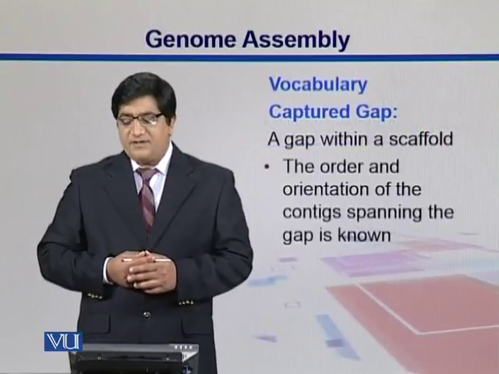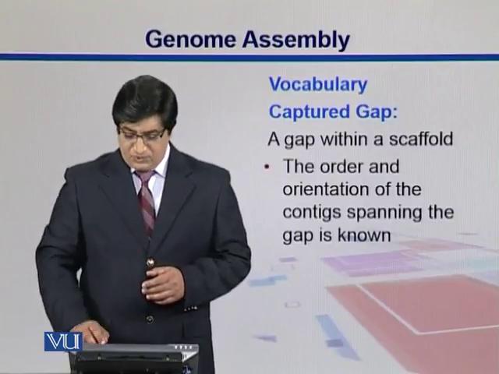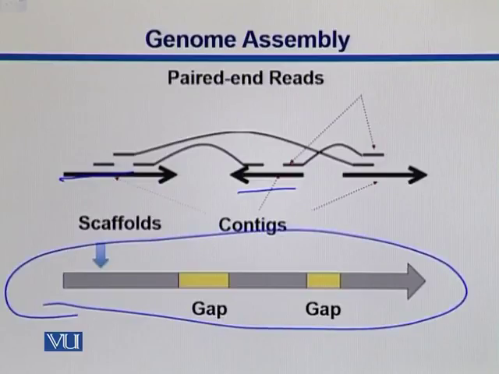A captured gap is a gap within a scaffold. The order and orientation of the contigs is known. Here we see it again. So we have those contigs up there, and they are put together into this whole thing, which is a scaffold. And between those contigs, we have those gaps, as we have seen, a large number of Ns in between. So these are the captured gaps.